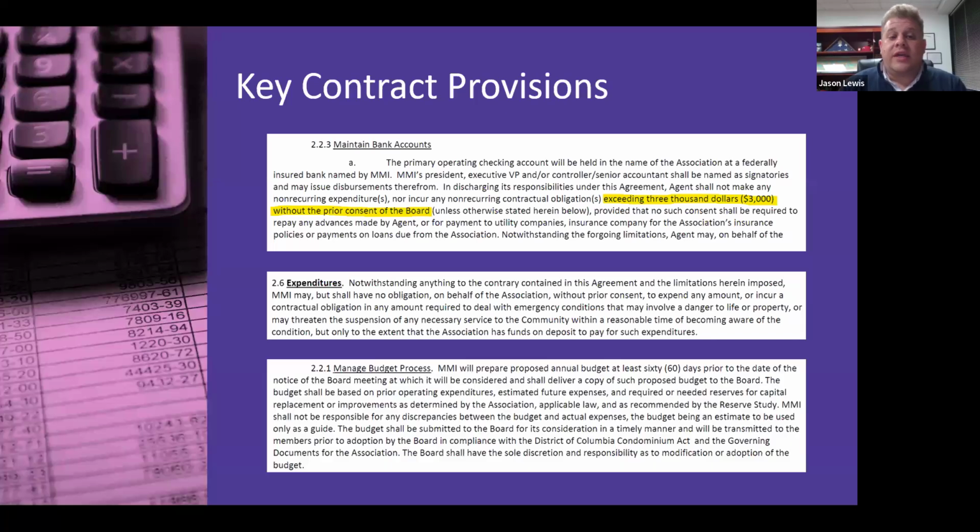Last item for you all is regarding the budget. In our contract, section 2.1, in terms of managing the budget process, we will prepare an annual budget for you all at least 60 days prior to the date of the notice of the board meeting at which it is to be considered, and deliver a copy of that proposed budget to the board.